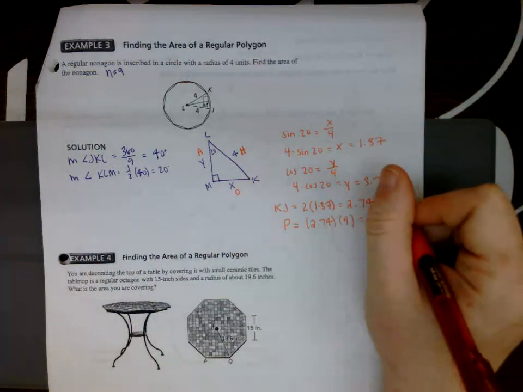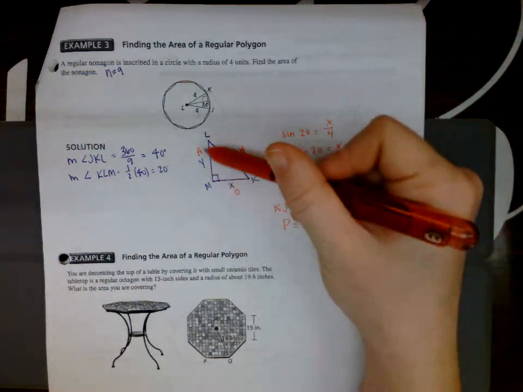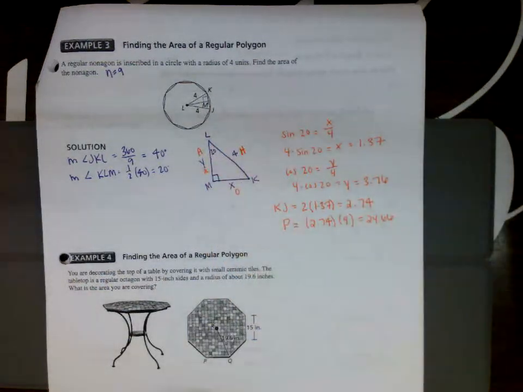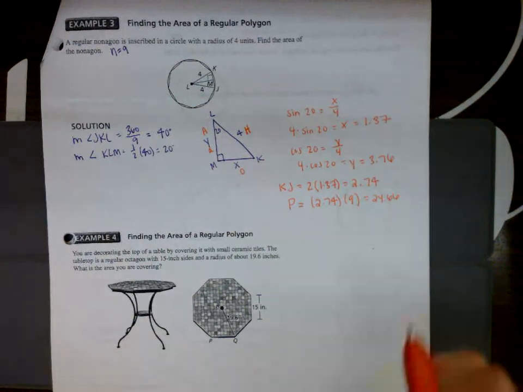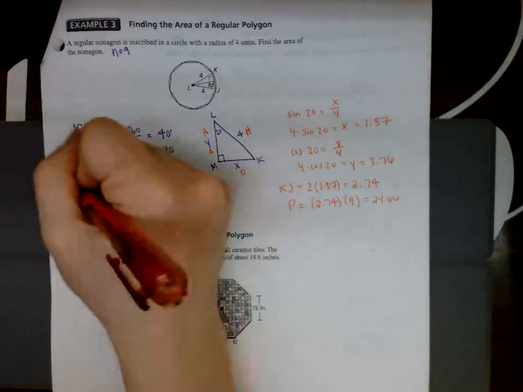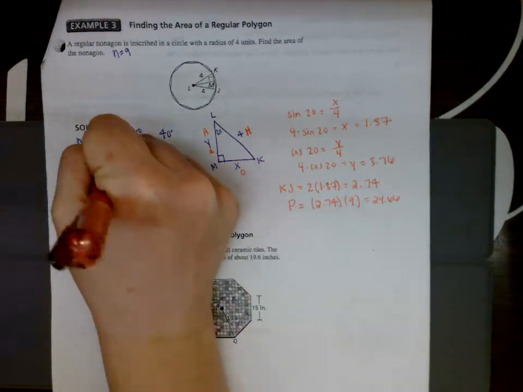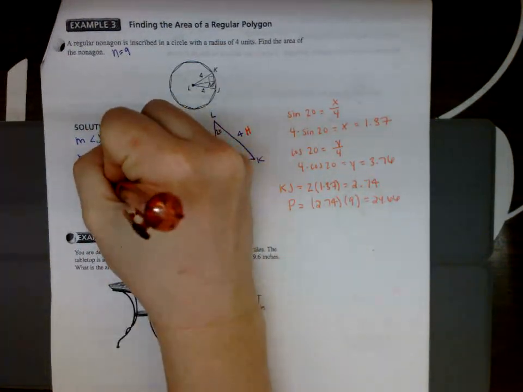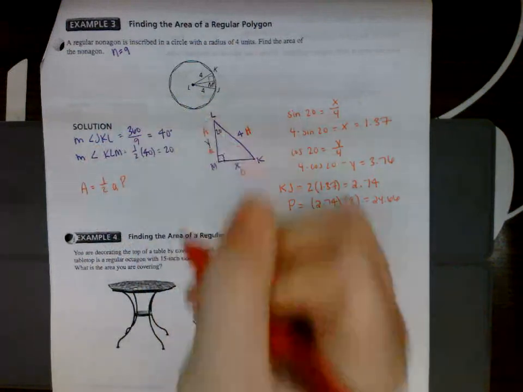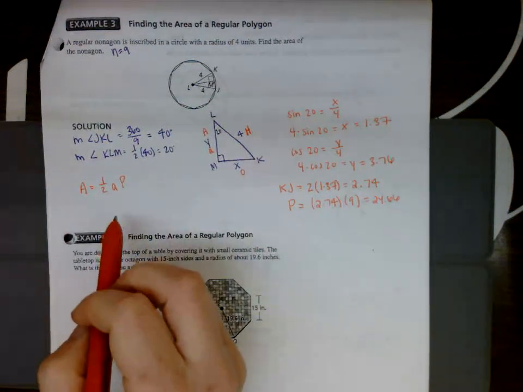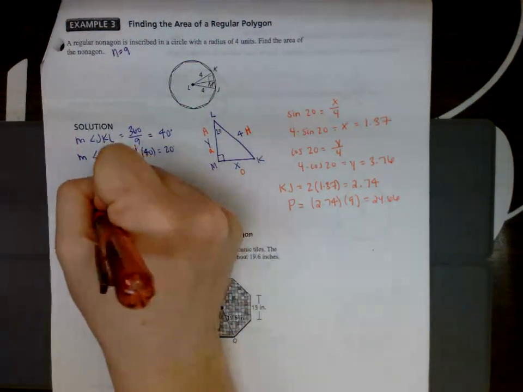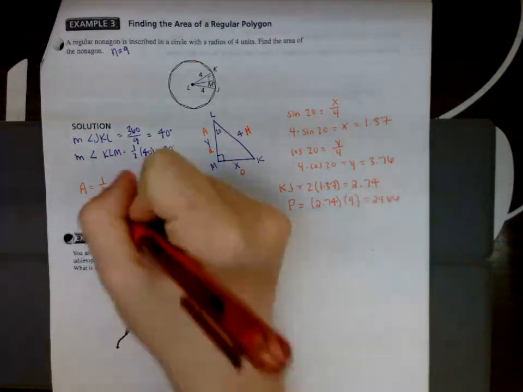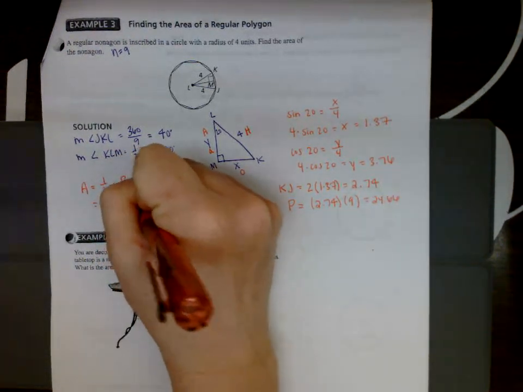Okay, now I have the apothem, which is y. I'm going to put a lowercase a right here so that you know that that's also the apothem. Okay, and I know the capital P, so then I can plug it into our formula for area, which is 1/2 apothem times perimeter, or I always like to say 1/2 little a big P. Okay, so 1/2 little a was 3.76.